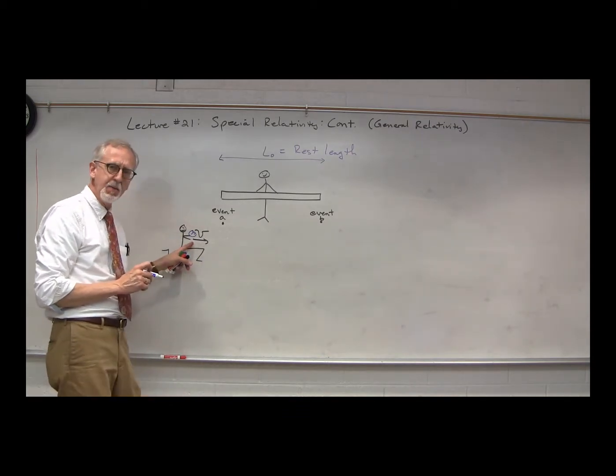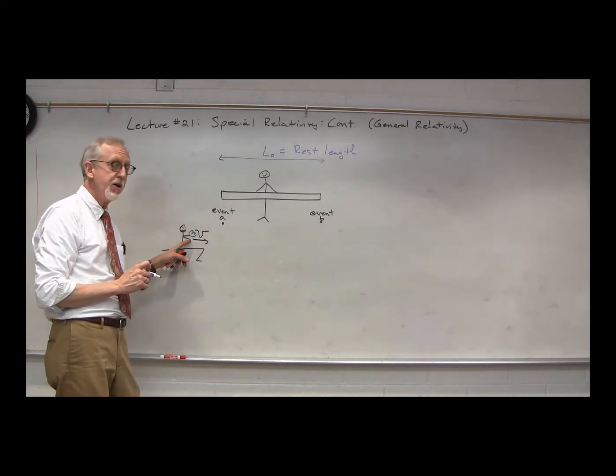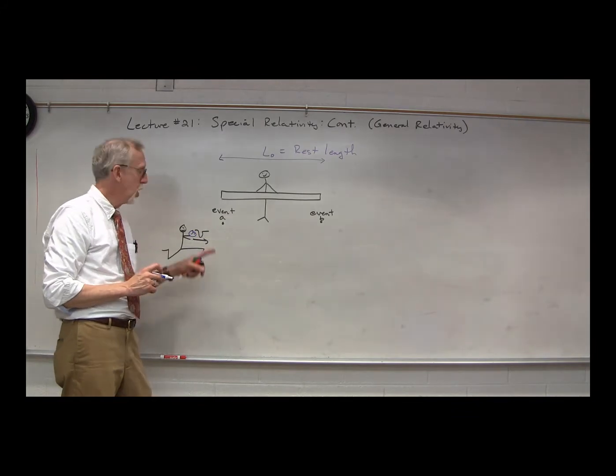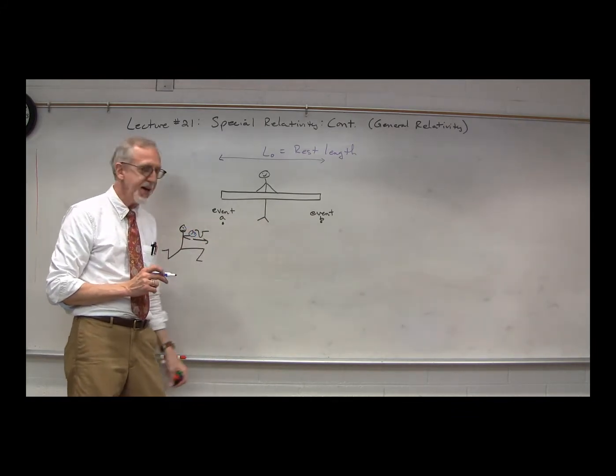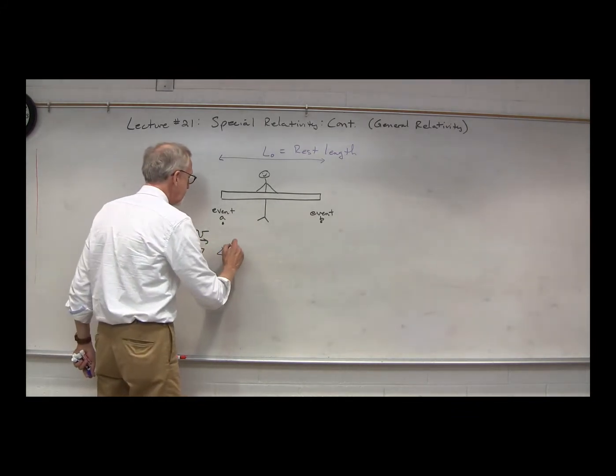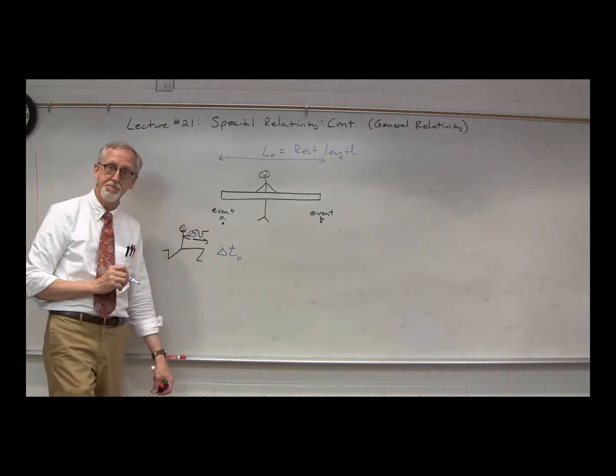So what time does the runner measure? Well, if the runner measures the time between two events with a clock that is at both events, the runner must measure the proper time, delta t naught.